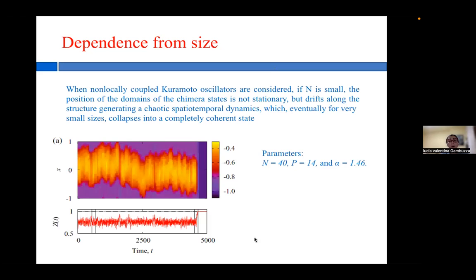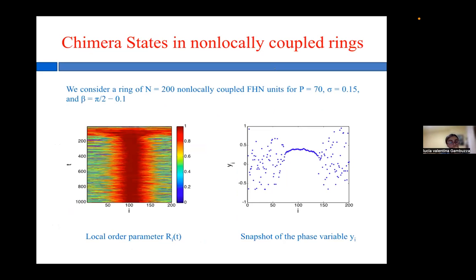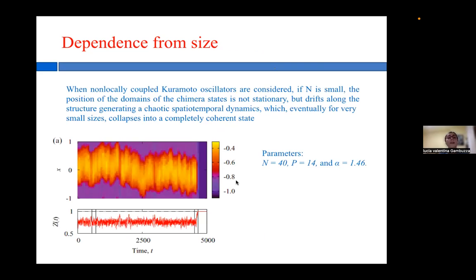And another problem: in this case, for example, we have a number of units of 200, as in the example here with the FitzHugh-Nagumo, but if we decrease the size of the system, in this example we just have 40 units, with a number of neighbors which is 14, and again we have fixed the tunable parameters.